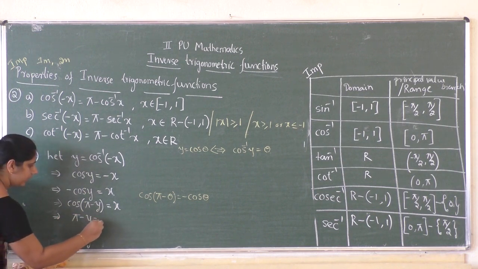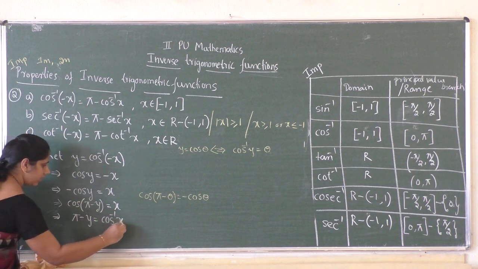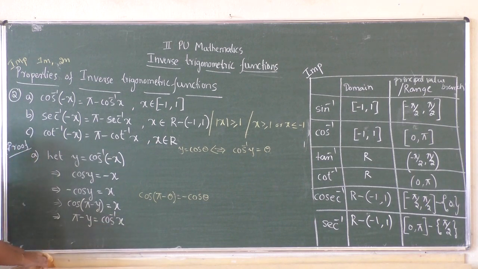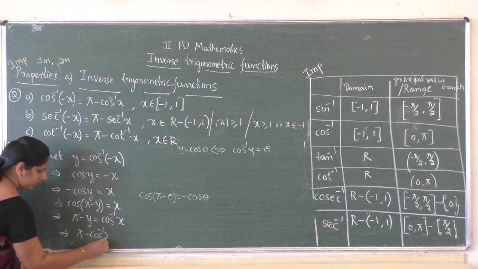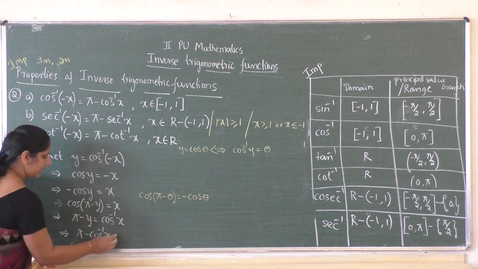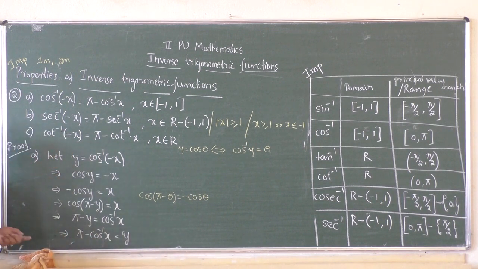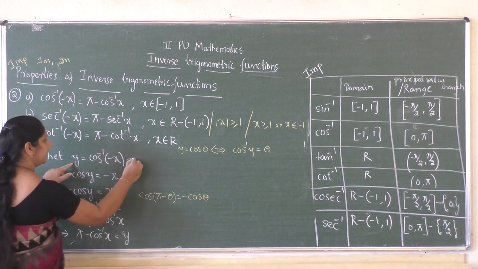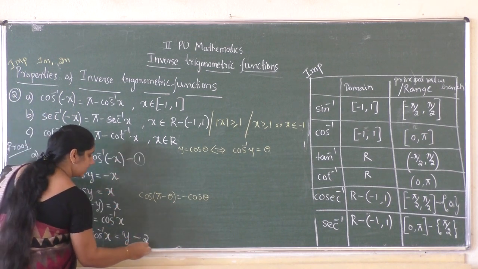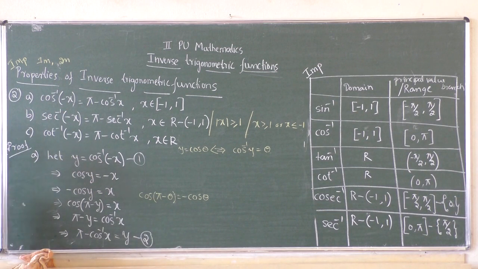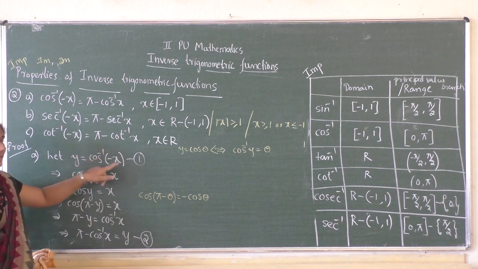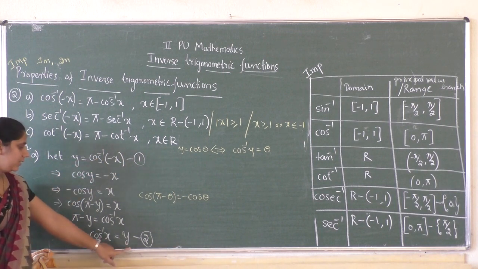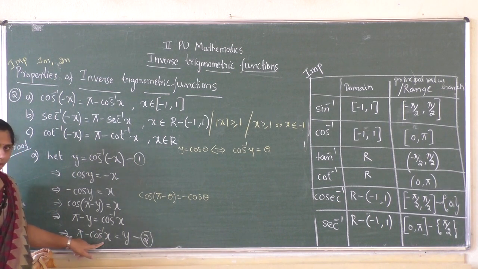Now pi minus y equal to cos inverse x. Now rearrange: the cos inverse becomes minus cos inverse, and minus y becomes plus y, just rearranging the terms. So I will take this equation as 1 and this equation as 2. Now see both equations. In the first equation y equal to cos inverse of minus x, whereas in the second equation y equal to pi minus cos inverse x.